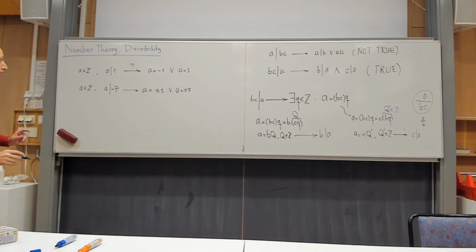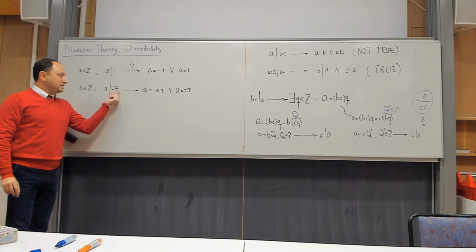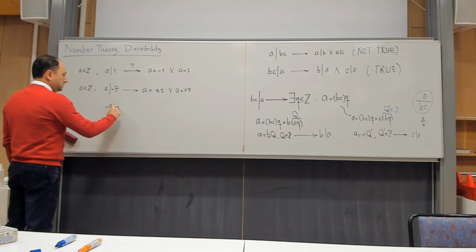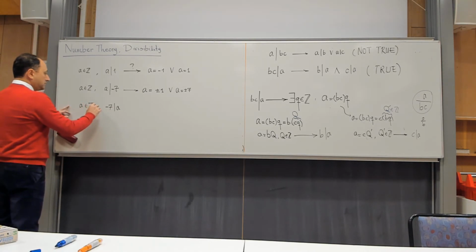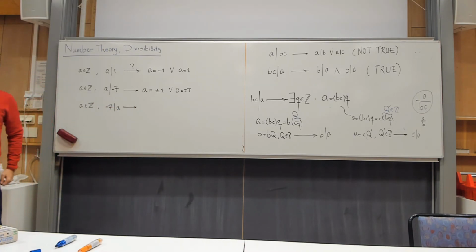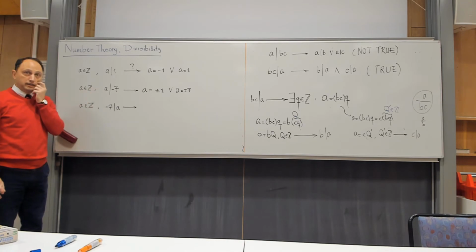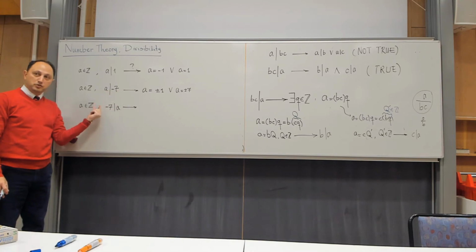What is important for me to understand is that when I have a fixed number on the right, this is restrictive. Okay, so for example, what do I mean by that? If I write this here, minus 7 divides A, okay, how many possibilities are there now? So here, you wanted to choose A in a way that minus 7 is divisible by that number. But here you have to choose A in a way that A is divisible by minus 7.